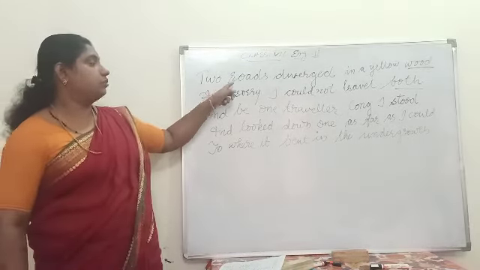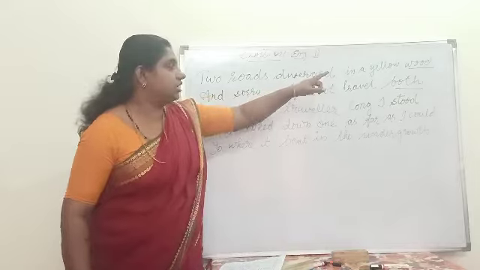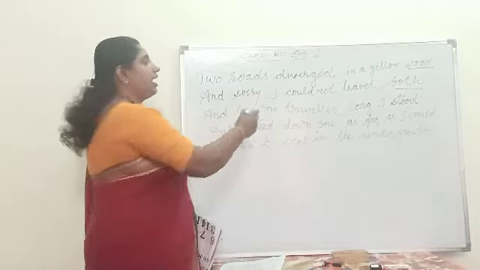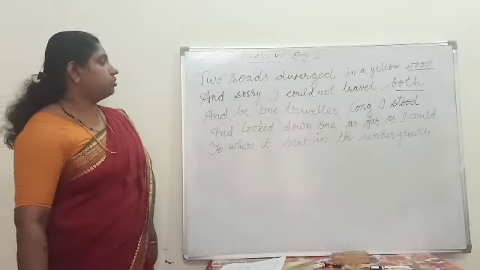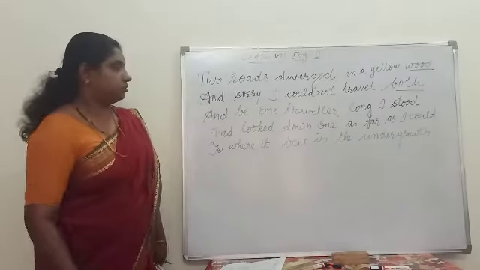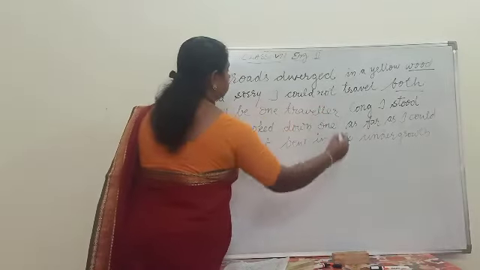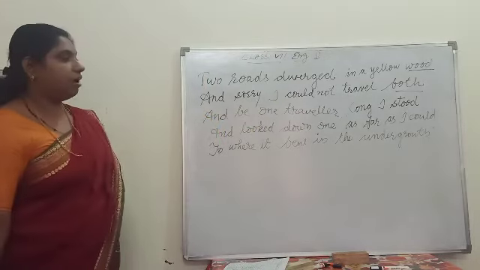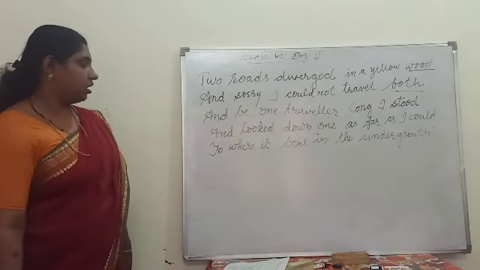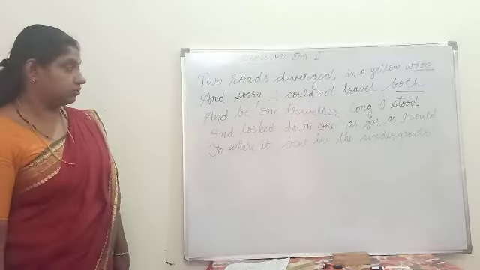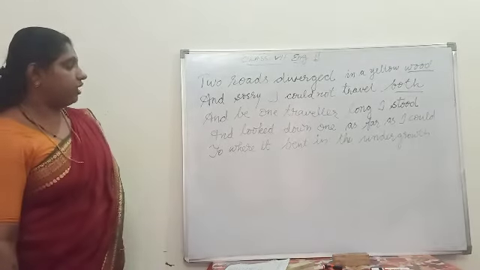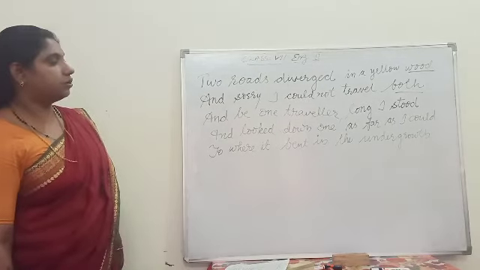observe these lines. Two roads diverged in a yellow wood, and sorry I could not travel both, and be one traveler, long I stood, and looked down one as far as I could, to where it bent in the undergrowth.